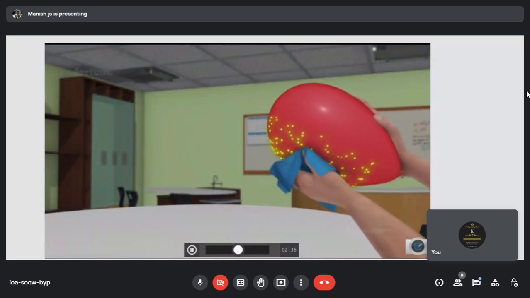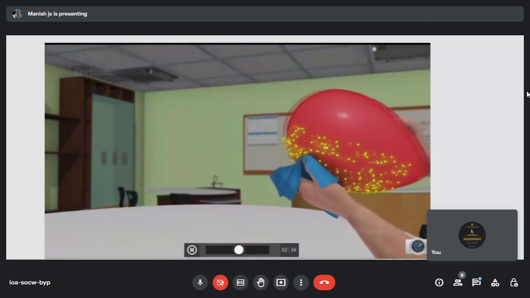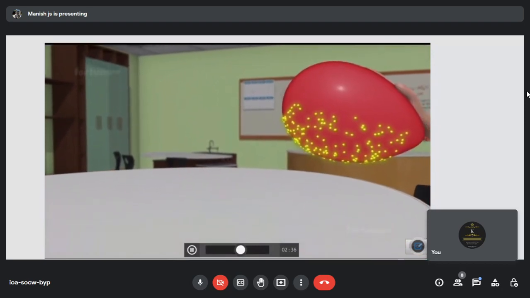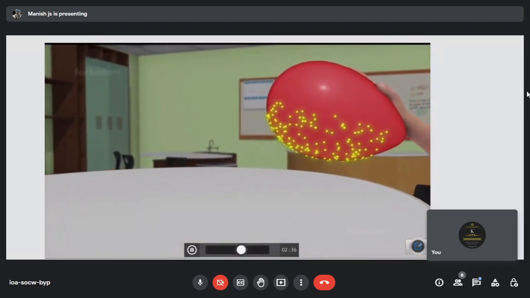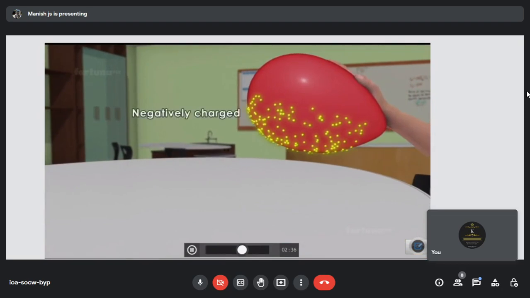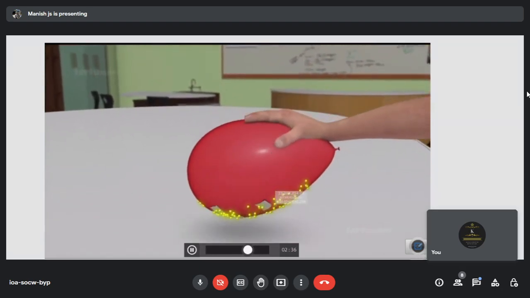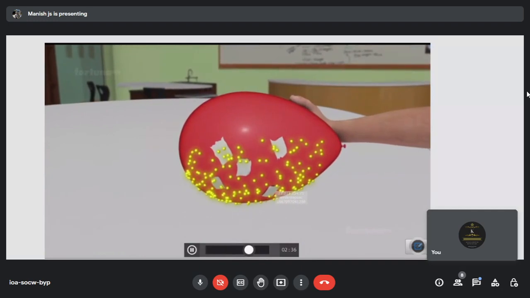Take a balloon and rub it with a silk cloth. Some electrons from the silk cloth move to the surface of the balloon, thereby making it negatively charged. This is the process of producing a charged body by friction. When such a balloon is taken near a neutral object, such as pieces of paper, they get attracted to the balloon.